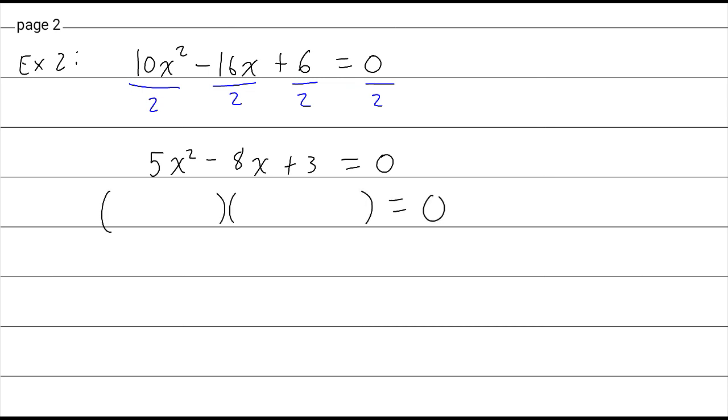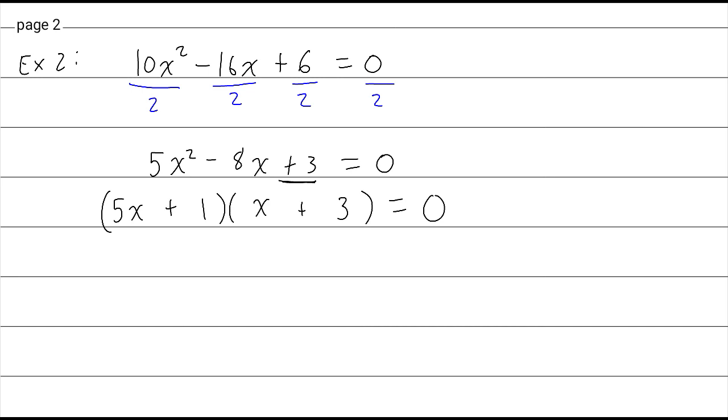I'm going to just do some trial and error real quick. So I know I have to have a 5x and an x because they have to multiply together to be 5x squared. And I know I need to have a 1 and a 3 because they have to multiply together to be 3. Now, since it has to be a positive 3, they can either both be positive.